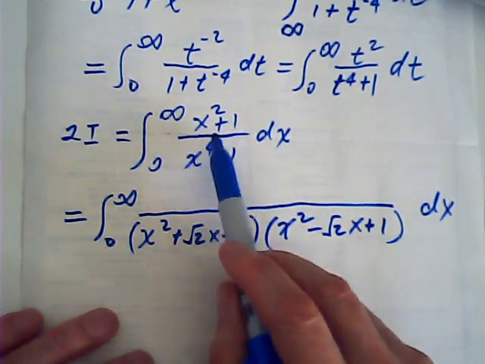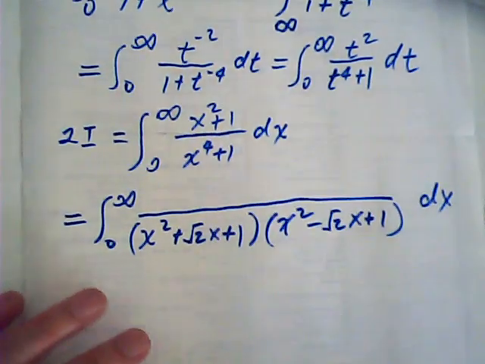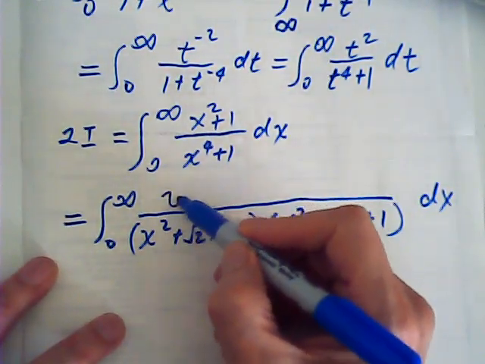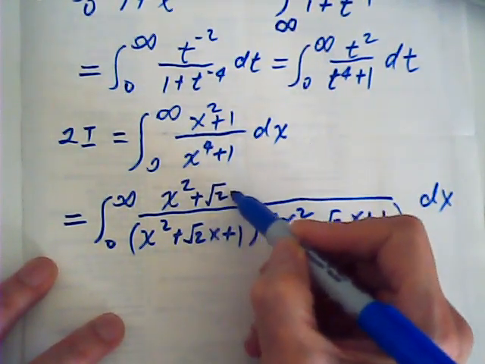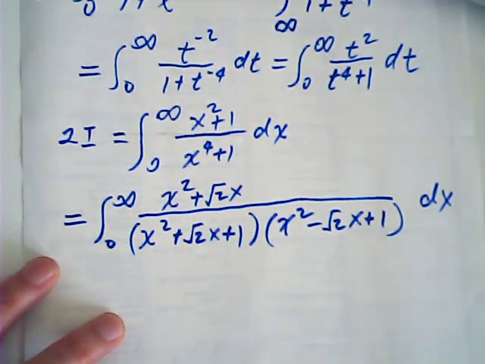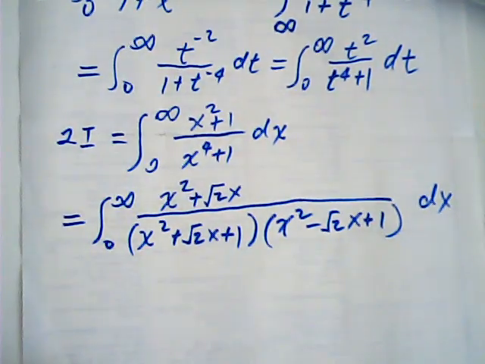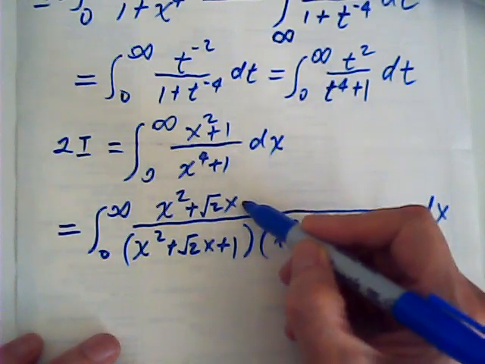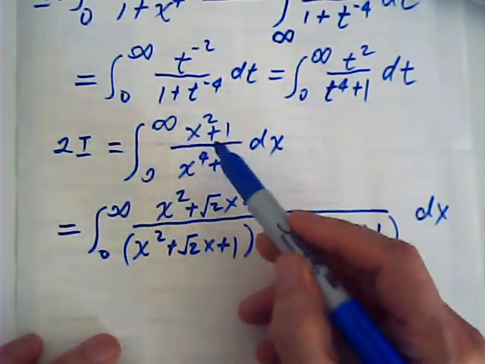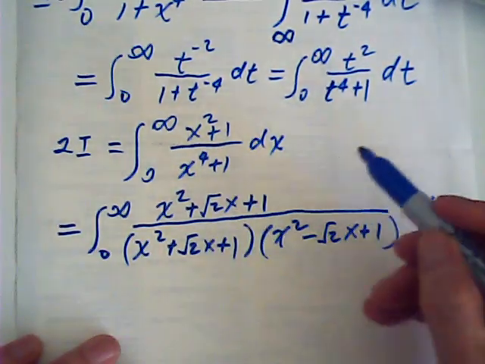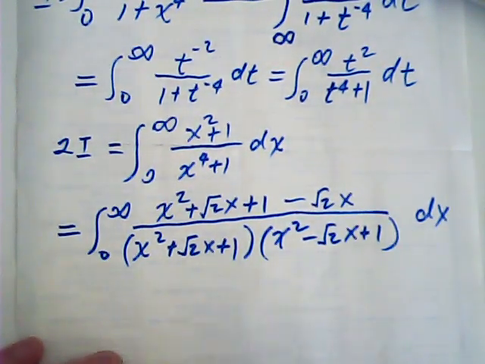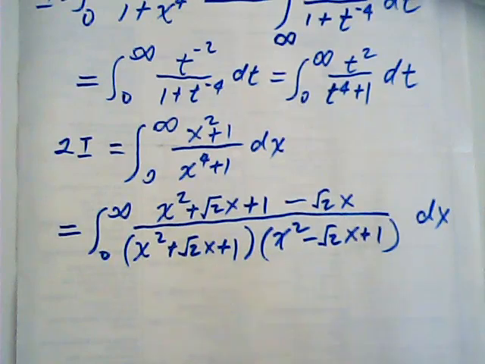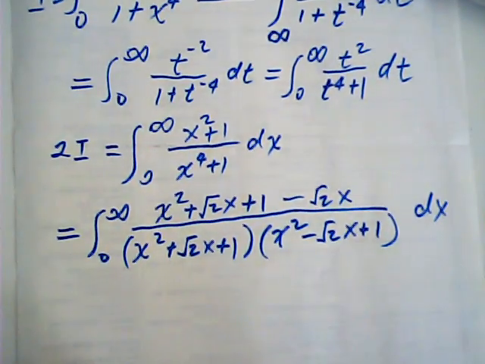Now here, x squared plus 1, I change to this. x squared plus root 2x plus 1. Now here I don't have a root 2x, right? Then I take away root 2x. So that is equal, yeah, okay.